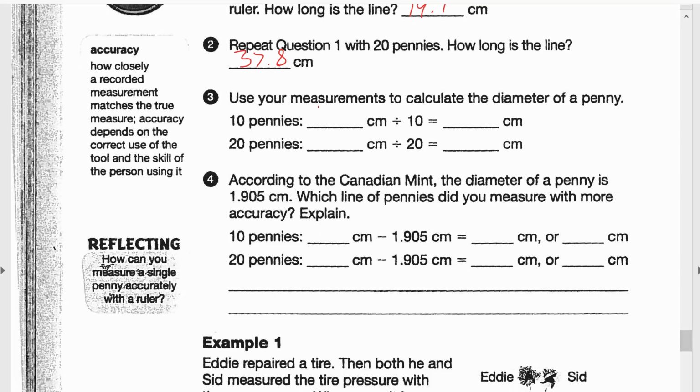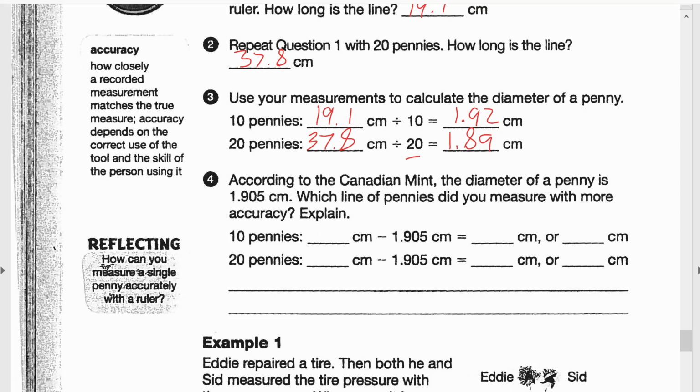Well, if 10 pennies is 19.1, you do 19.1 divided by 10, we'll get 1.92 centimeters. 20 pennies measured 37.8, so we divide that by 20, and we'll get 1.89. According to the Canadian Mint, the diameter of a penny is 1.905.